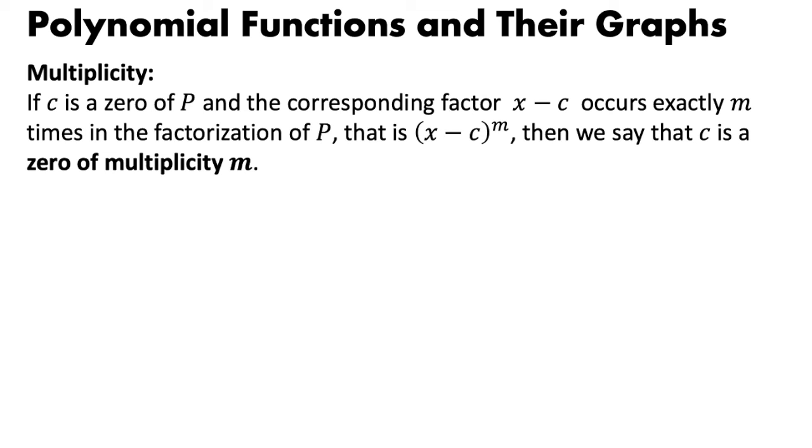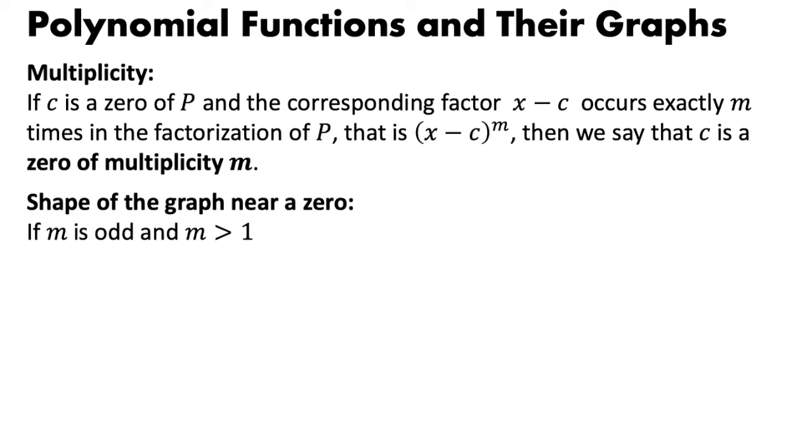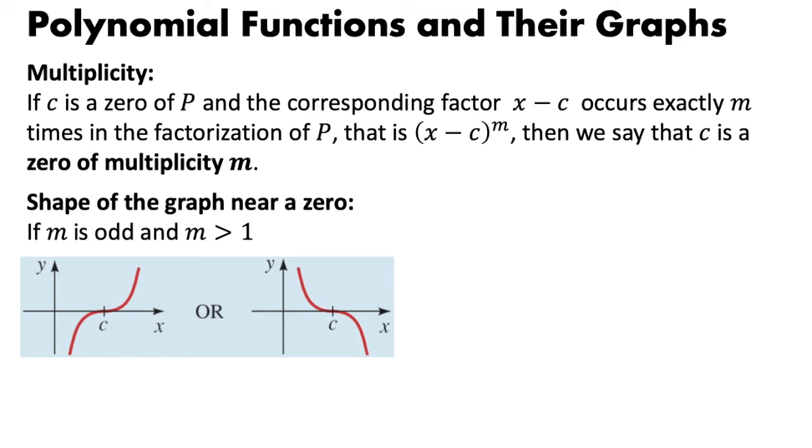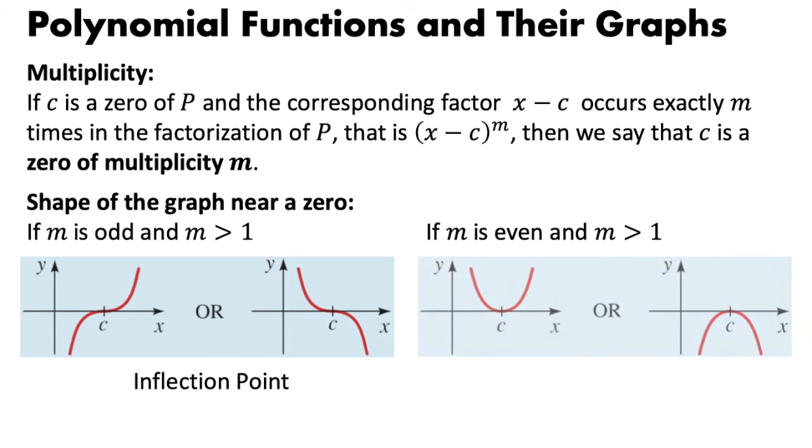Well, when we're graphing a polynomial, the graph behaves in a specific way at zeros with different multiplicities. If m is odd and greater than 1, the graph makes a squiggly shape at that 0. We call it an inflection point. And if m is even and greater than 1, then the graph bounces off the x-axis at that 0, which we call a touch.